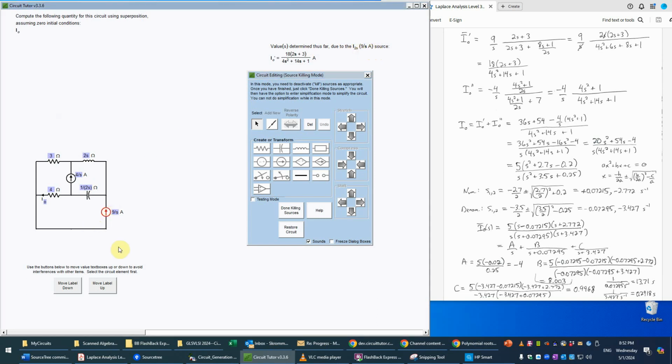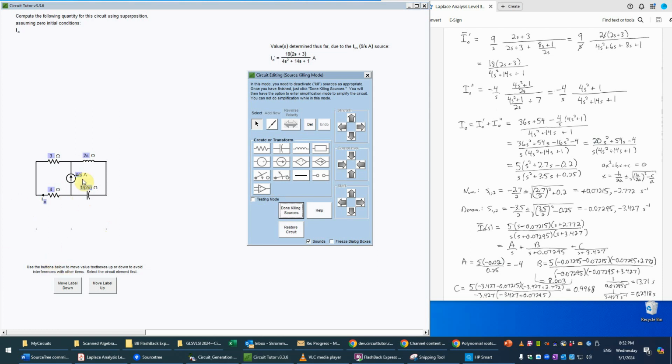So now we don't need that one anymore. That's the one we're going to kill for this circuit, leaving the 4 over s source. So again, I just hit the delete key. We don't change that to a short because that's not zero current. We need to have zero current here. That means an open circuit. So we'll delete it, the same as an open circuit. Okay, so we're done there. That's all we can do in this mode. So we'll click done killing sources.